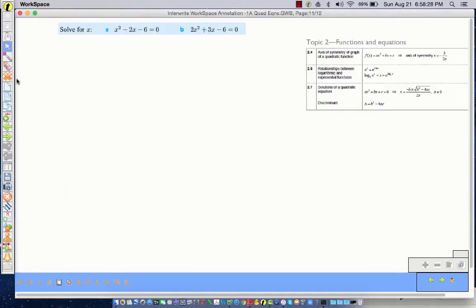Using the quadratic formula, I'm just going to do one of these. I'll do this one. Ax squared plus bx plus c equals 0. So a is equal to 2, b is equal to 3, and c is equal to -6. So x equals -b, so that's going to be -3.